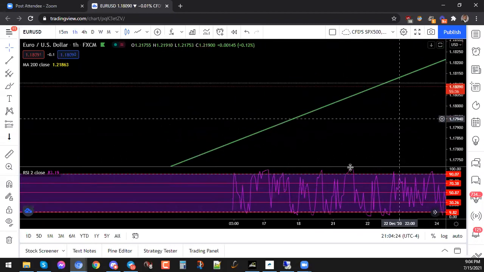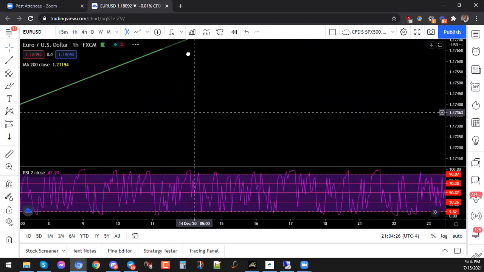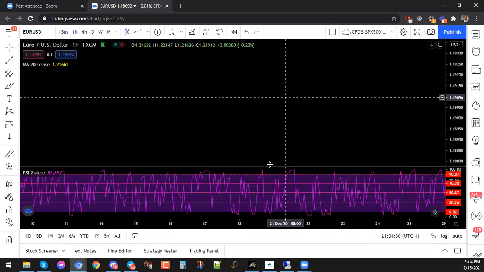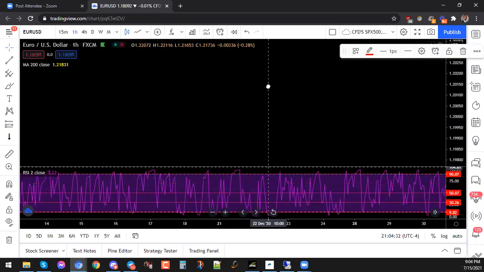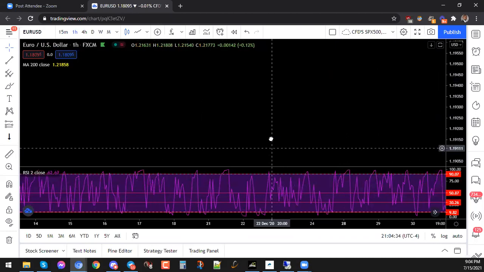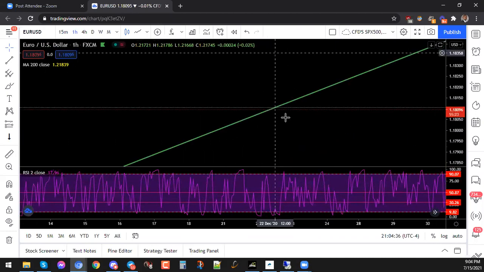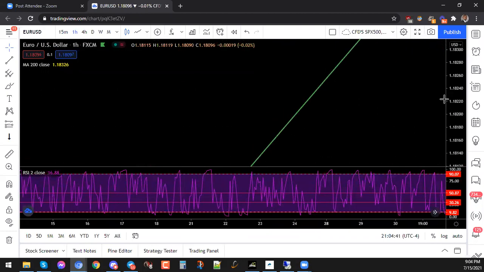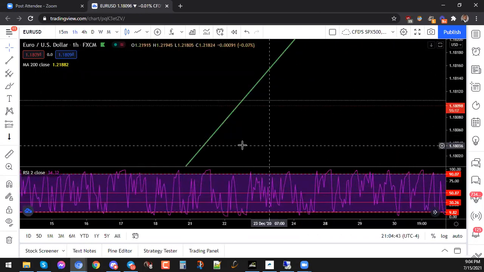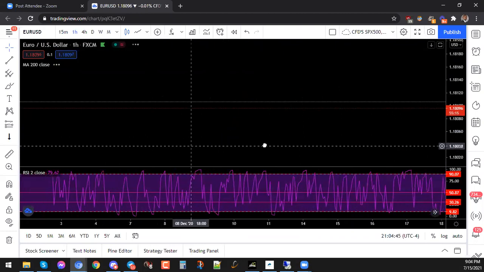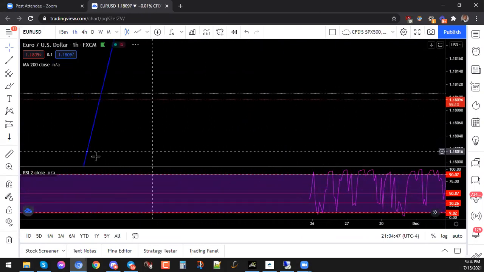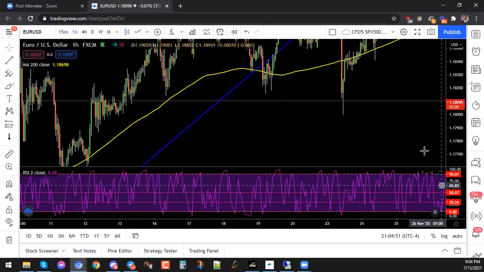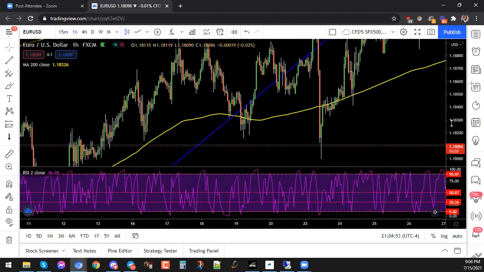Let me try to find where the data is on this chart. Where is it? Oops, I'm not finding the data. Okay, I think I found it now. All right, got it.